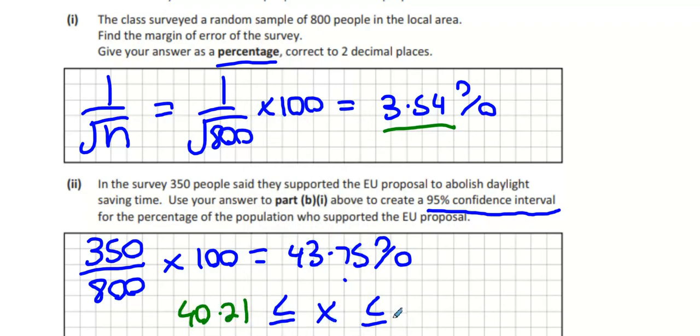And the other one? 47.29. So see this here? We are 95% certain that in between 40.21% and 47.29% of the people want to abolish daylight savings time. That's what that means. Cool? Right.